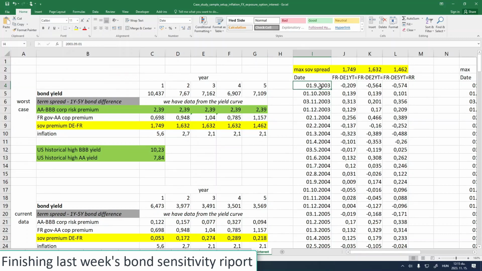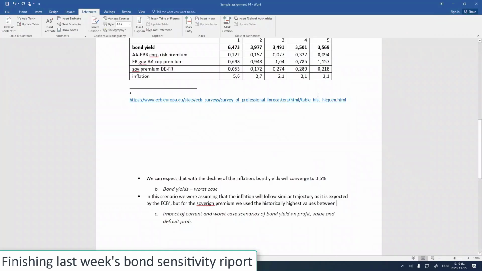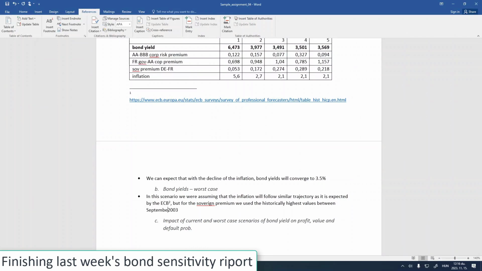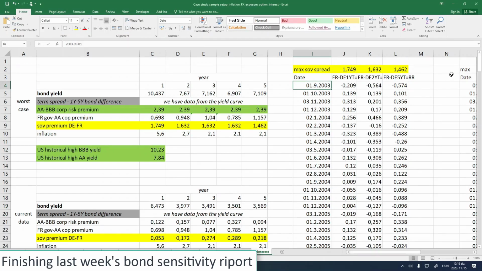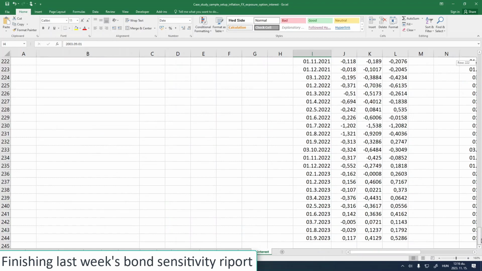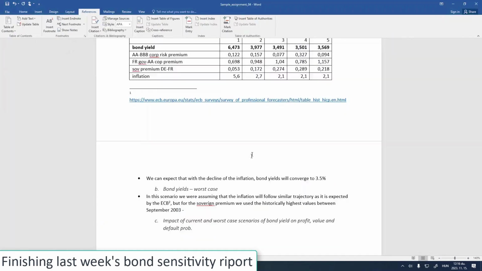Yeah, this is weekly data. Okay, mostly. Usually I'm downloading quarterly data, that's why I was confused. So it's mostly weekly data, from September 2003 until September of 2023.